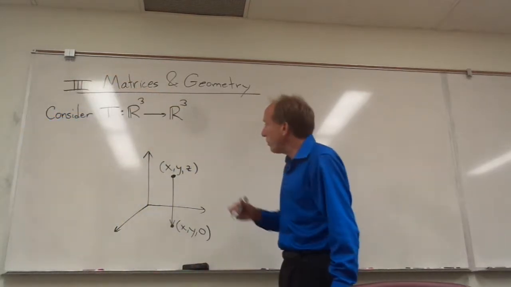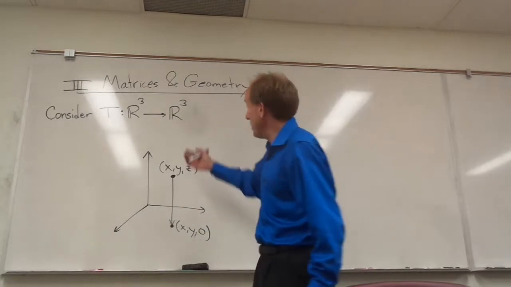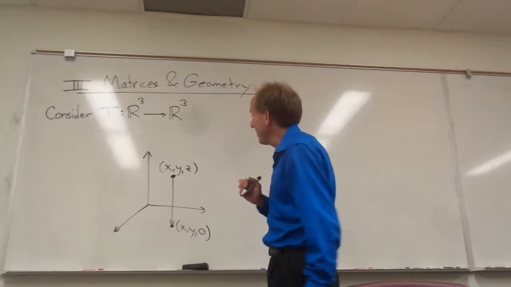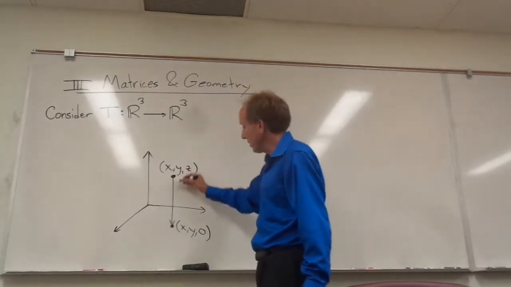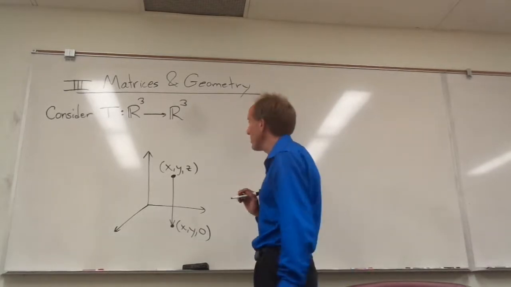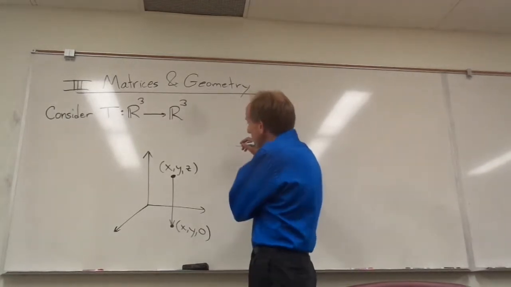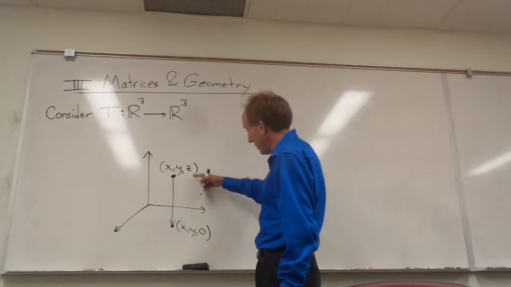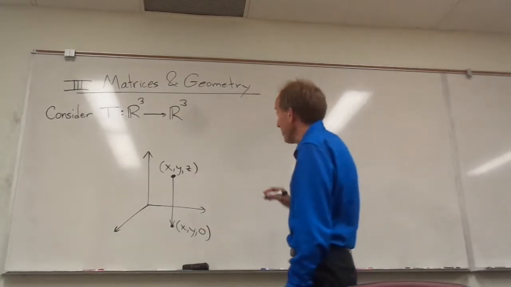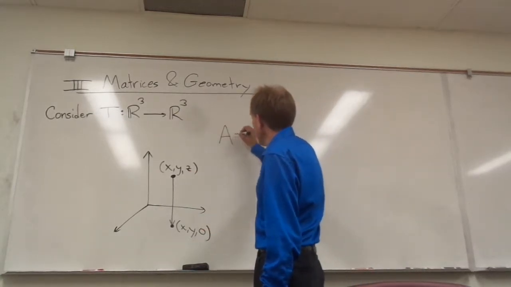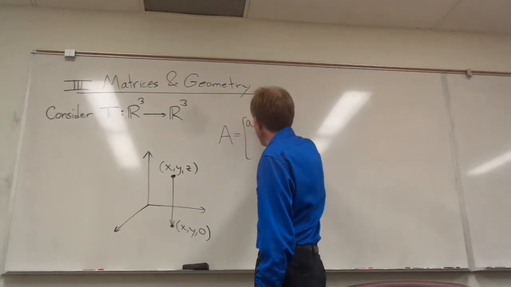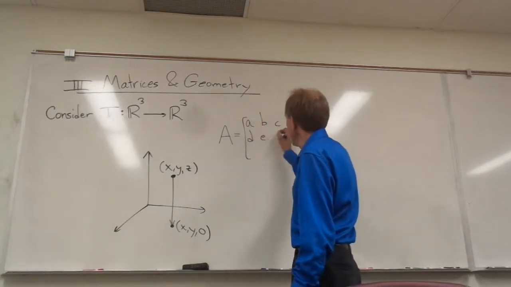So we would expect there to be a 3 by 3 matrix that would effectively do this transformation for us. What we know, for example, is that the z-coordinate has to get lopped off. But if we think about what the matrix would be, let's say we put in these 9 numbers here.